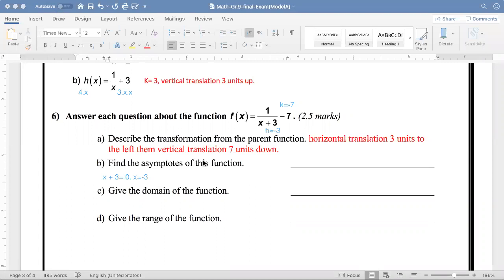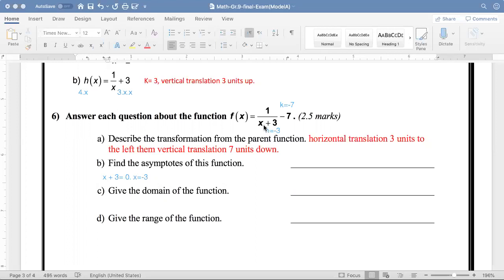Find the asymptote of this function b. When it is required to get the asymptote, I have to get x and y.